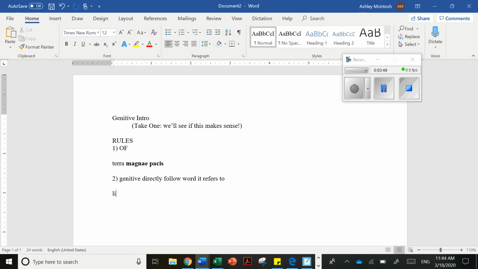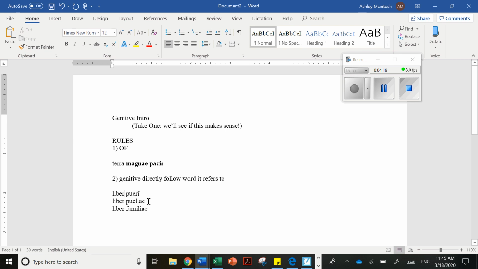So let's go with the book of the boy, or the book of the girl, or the book of the family. You can't flip this order. If you float this genitive out and there's words that are in between the book and the boy, this of the boy is going to glom on to the nearest noun. So it needs to be directly after the word that it's referring to.